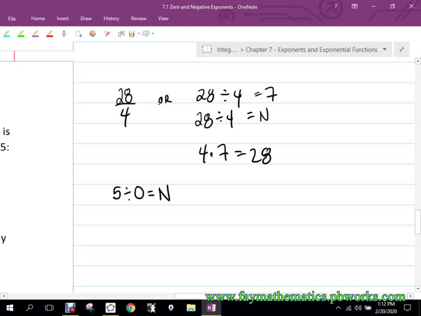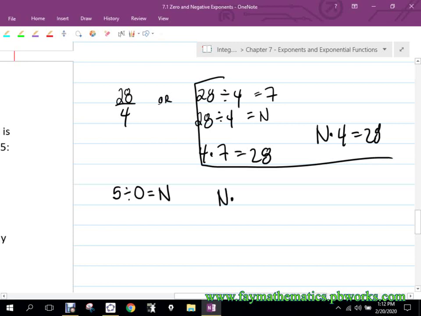Let's say that we didn't know what it was. But doesn't that mean that n times 4 should equal 28? Is that okay with everybody? So doesn't this mean then, if that pattern makes sense, that this is a request that says n times 0 should equal 5?